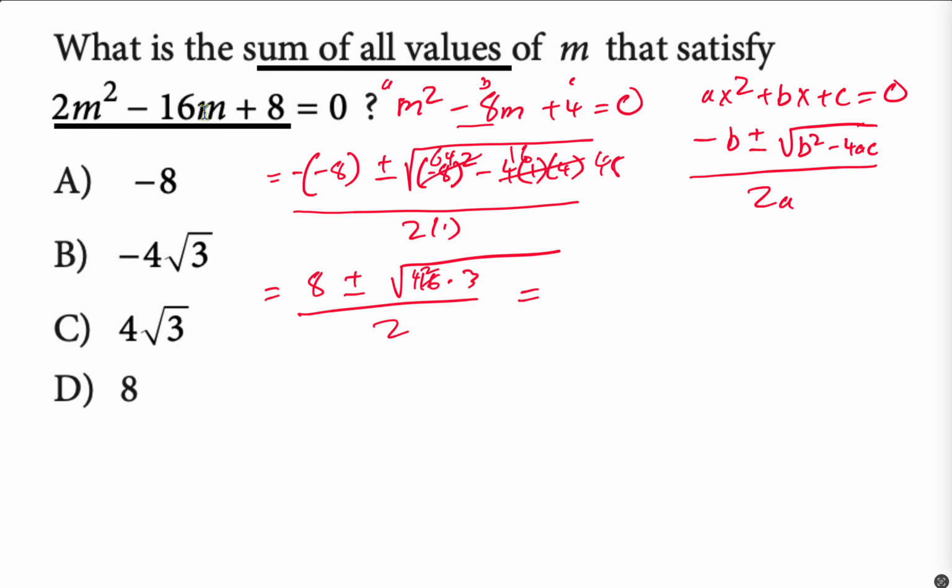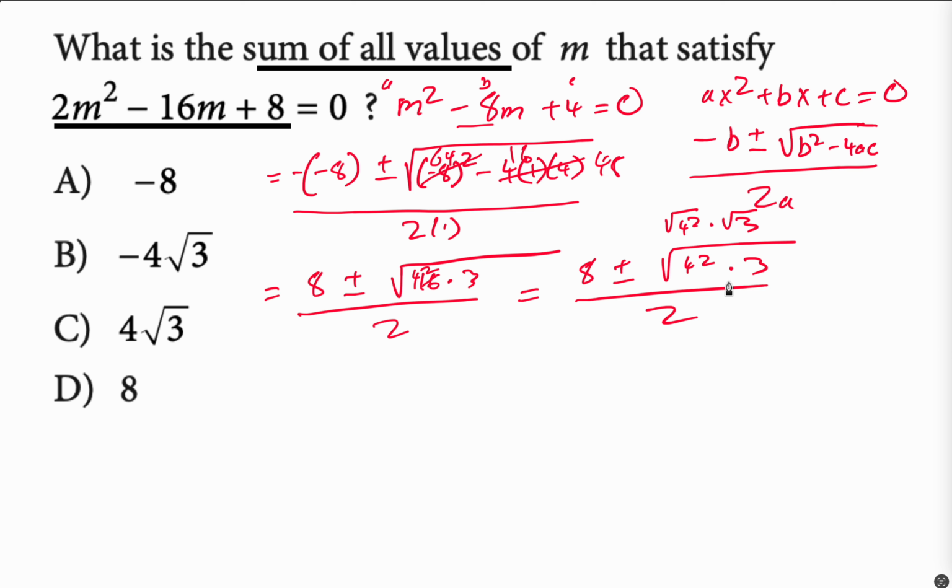So you have 8 plus or minus the square root of 4 squared times 3, everything over 2. Now the square root of 4 squared times 3 can be rewritten as the square root of 4 squared times the square root of 3.